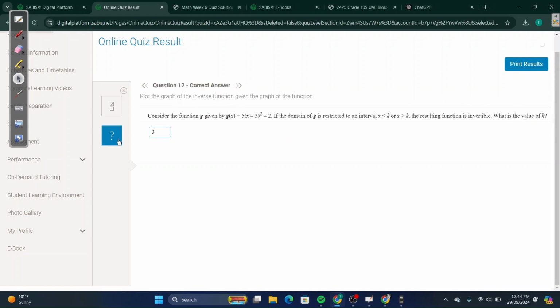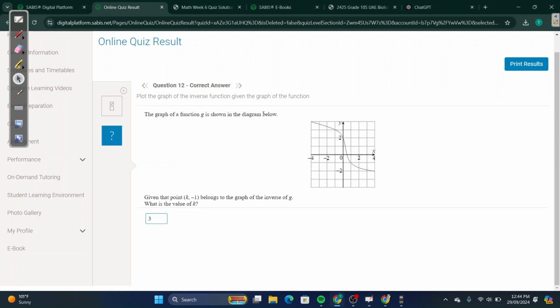Question 12. The function g is shown in the diagram below. Given that the point (k, -1) belongs to the inverse of g, what's the value of k? What you have to know is the relation between the points of an inverse function and the original. Let me call them N and M. Let's say these are points on f of x.